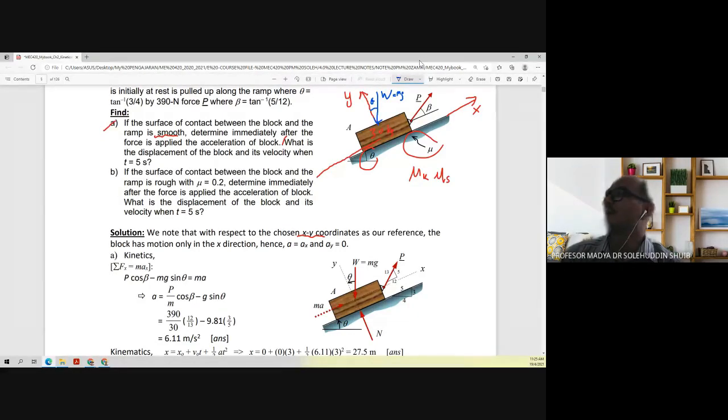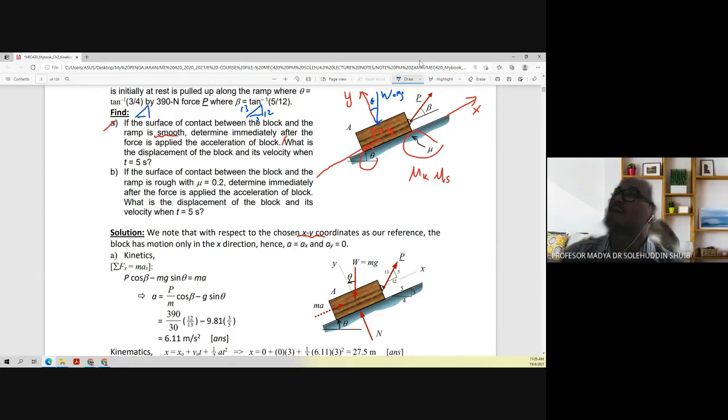Since you know beta is inverse tangent of 5/12, we have a Pythagorean triple 5, 12, 13. The hypotenuse is 13.